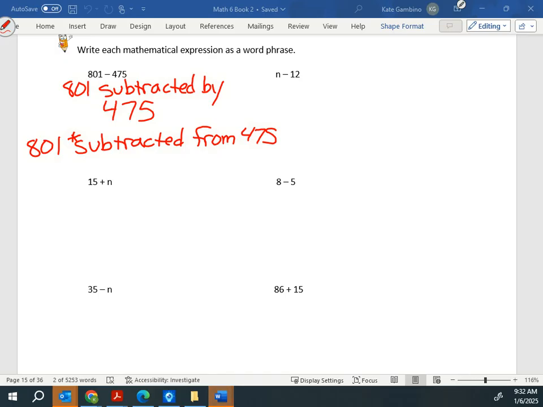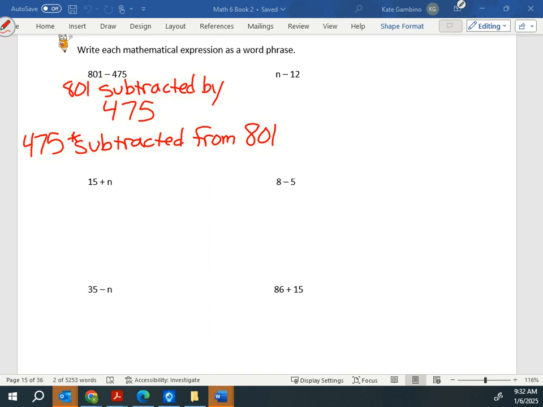What is that star reminding us that we have to do? Bennett? To flip our numbers. So if we want to use the subtracted from, we're going to flip our numbers. And we're going to say 475 subtracted from 801. So remember, if you have a star next to that word phrase, flip your numbers.